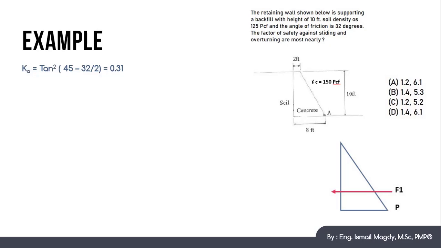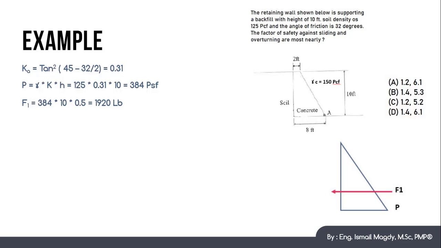Let's calculate the value of P, and it will equal gamma multiplied by K multiplied by H, which will be 125 multiplied by 0.31 multiplied by 10, which will equal total of 384 psf. Now we want to calculate the force due to this pressure, which will be the area of this triangle. So it will be 384 multiplied by 10 multiplied by 0.5, which will equal 1920 pound.